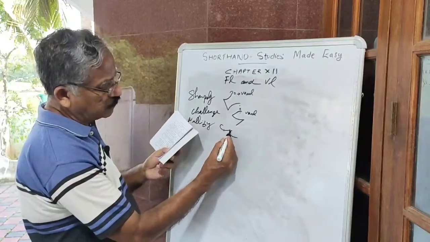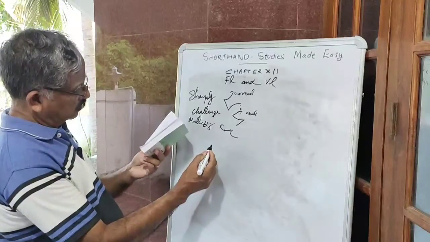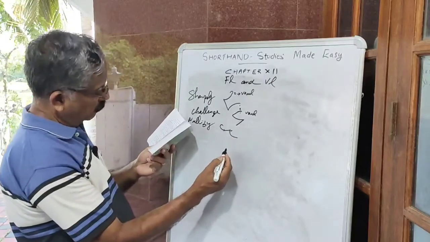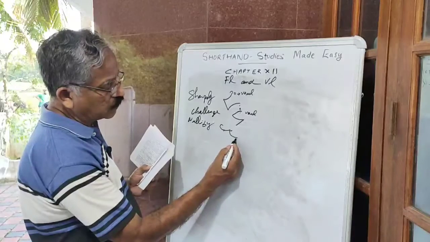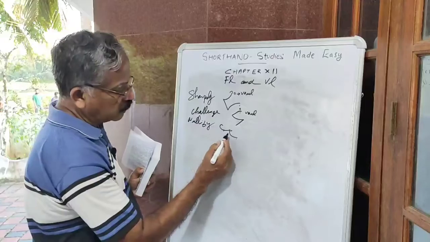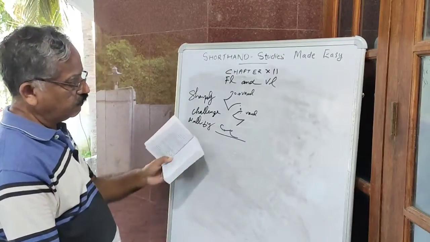Nullify. Phi is a diphthong. Yes, diphthong. Then nullify, nulli. The E sound is also there. So that is marked in the third place before the stop. So nullify. This is on the line. So this is nullify.